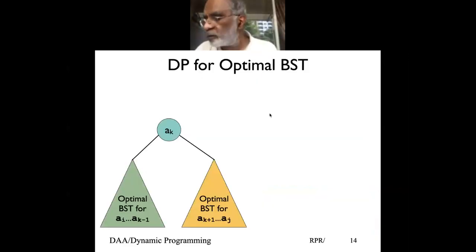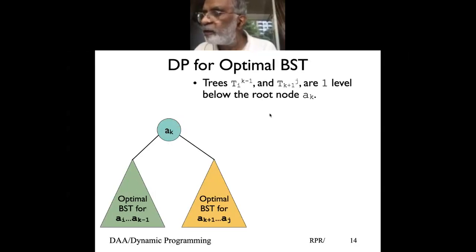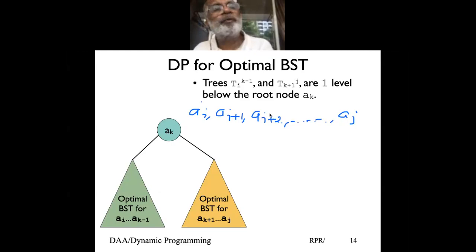So given this root here, if Ak is my root, I'm looking at nodes Ai to Aj. That means we are looking at the nodes Ai, Ai plus 1, Ai plus 2, up to Aj, and k somewhere. k could be Ai, k could be i plus 1, or k could be Aj.